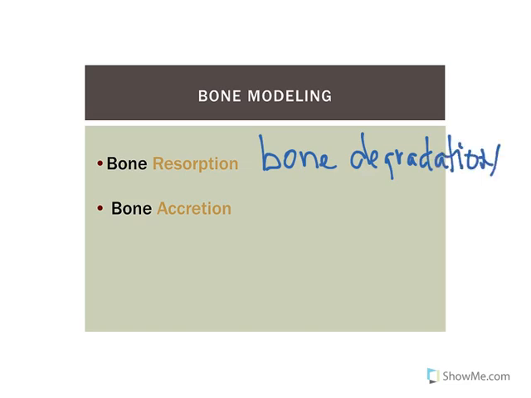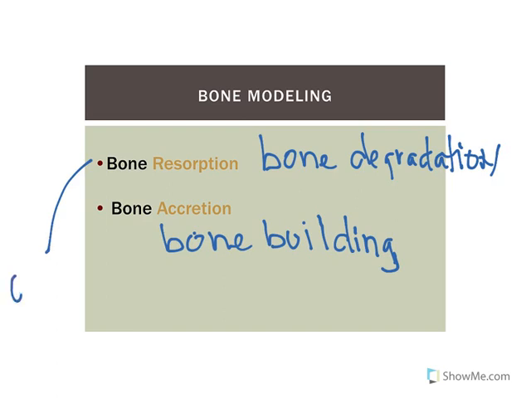Bone accretion refers to when you're building bone. So we'll just say bone building. The term accretion refers to any time you're making something by putting parts together. So you're just building up bone. Bone accretion is building it up. Resorption is bone degradation, and the big thing involved in that is the osteoclast.